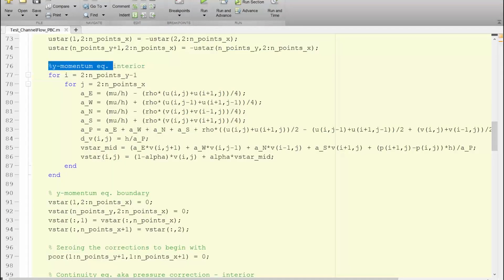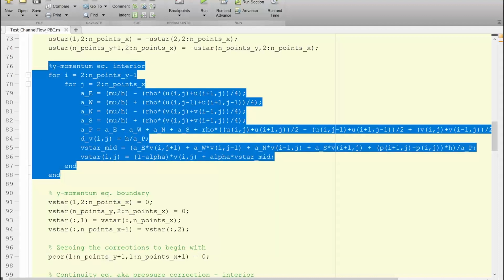Similarly, we do it for the V momentum equation, or the Y momentum equation. This particular part is exactly the same. So we define the coefficients, we calculate the V star, we under relax it, and that's exactly the same for the channel flow case as it was for the lid driven cavity. The only difference is again for the velocity boundary condition, and we again use the same idea that we have a flow that is periodic in the X domain.